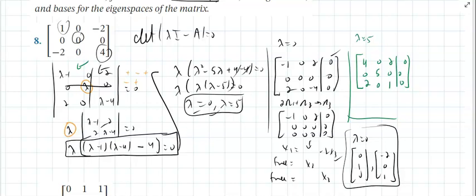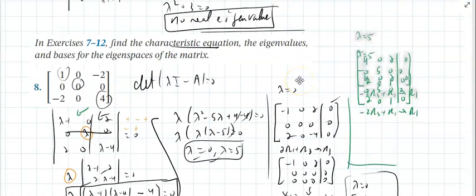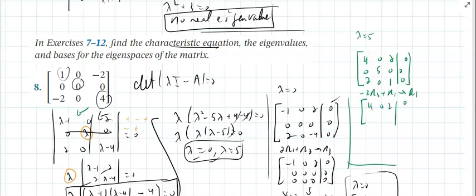And do you notice if I take negative 2 row 3 plus row 1, put the result in row 1, what would happen? Wouldn't I get 4, 0, 2, 0, 0? That's okay, leave it as 5. You could make it a 1, 0, 0, 0, 0.